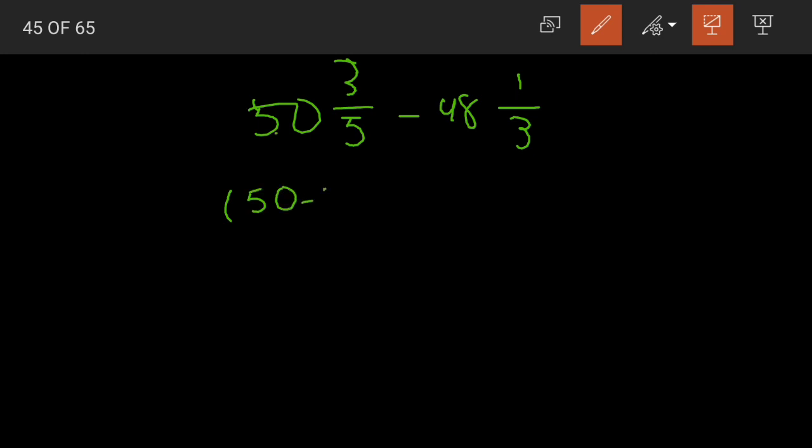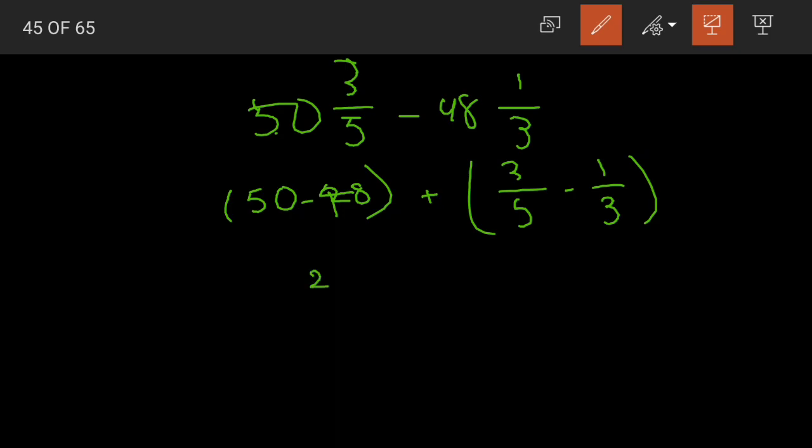First let us do the whole number part separately. 50 minus 48 plus now the fractional part. 50 minus 48 2 plus here 5 and 3 are different denominators, so we'll take the LCM. LCM of 5 and 3 is 15.